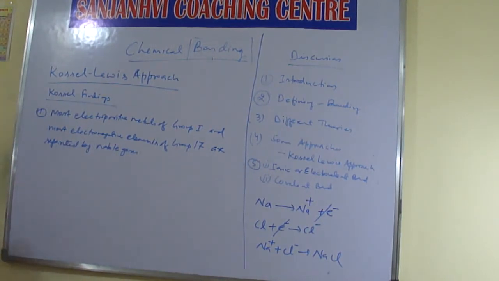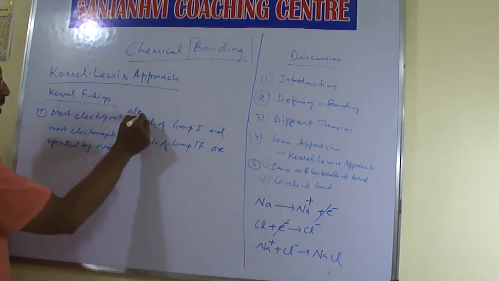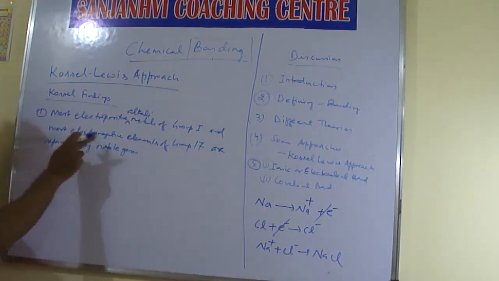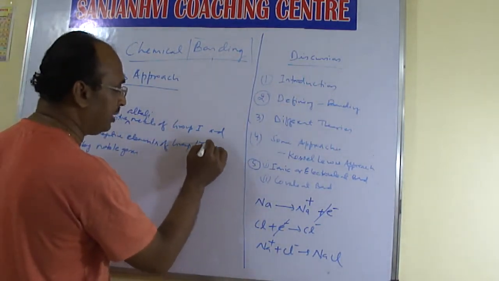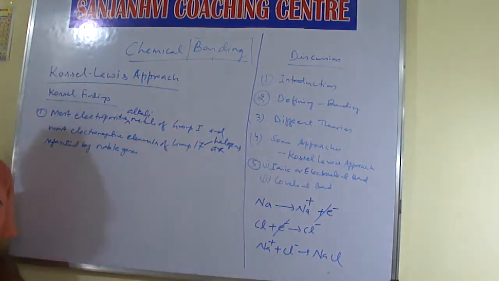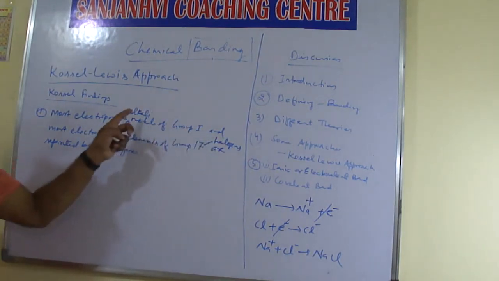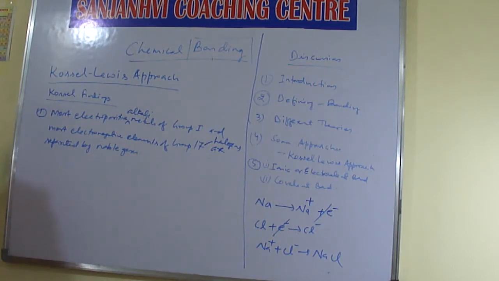These electropositive metals are the alkali metals, and the electronegative elements of group 17 are the halogens. So halogens and alkali metals are separated by a noble gas. Understood now?